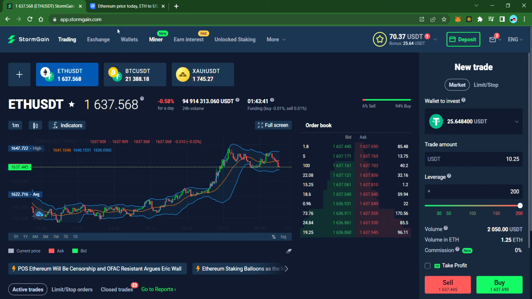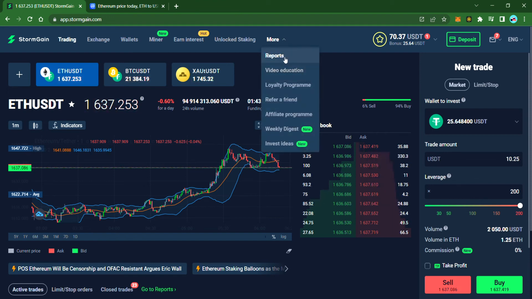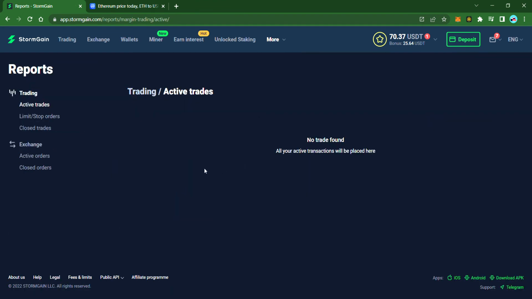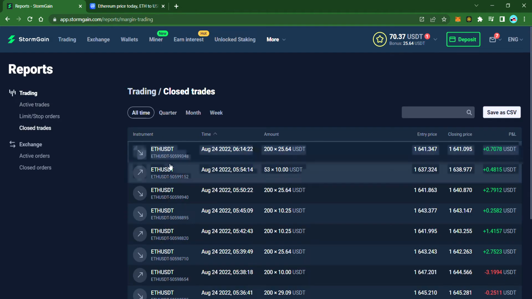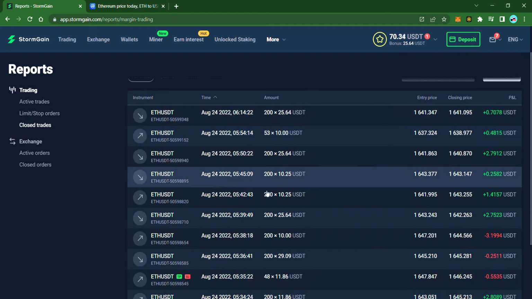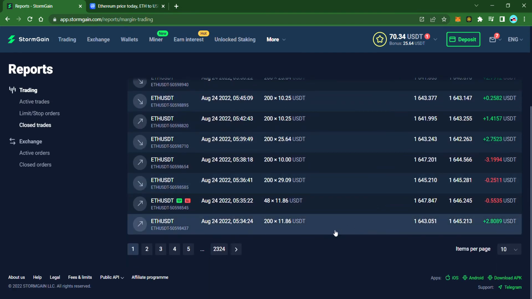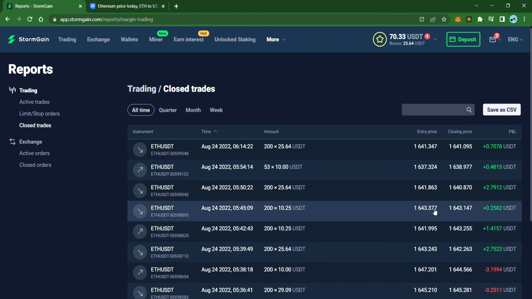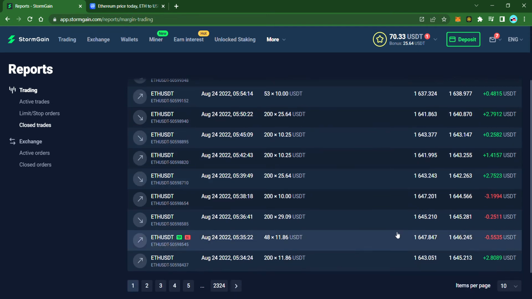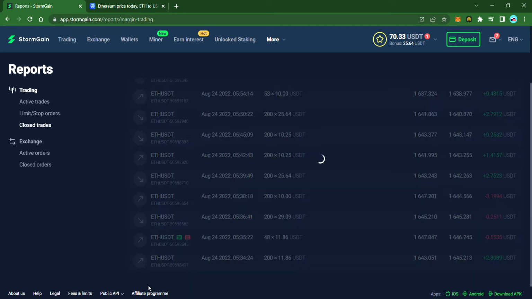If you want to have a look at your progress for the day, or for the hour, you can check all these trades. This is all scalping, sometimes at 200x. Sometimes small losses are normal.